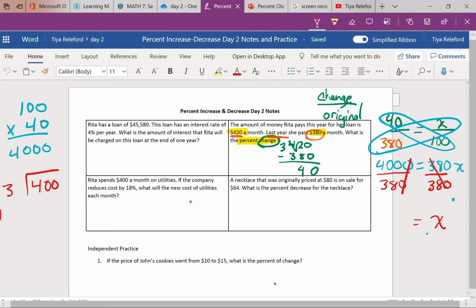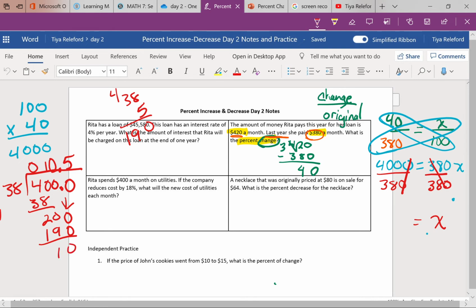Top in, bottom out. So the percent change is about 10.5% per month.